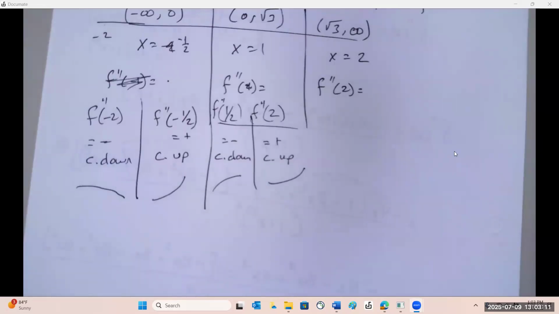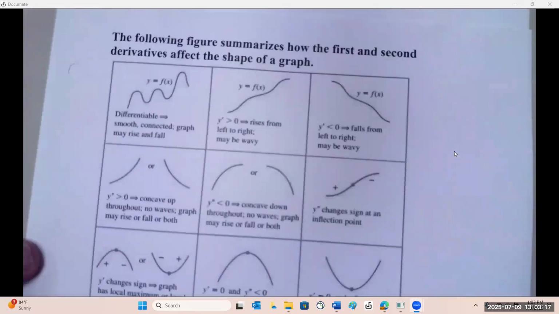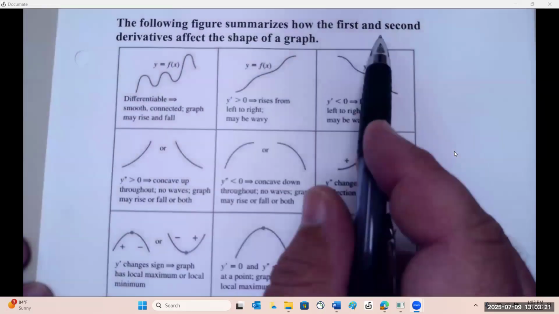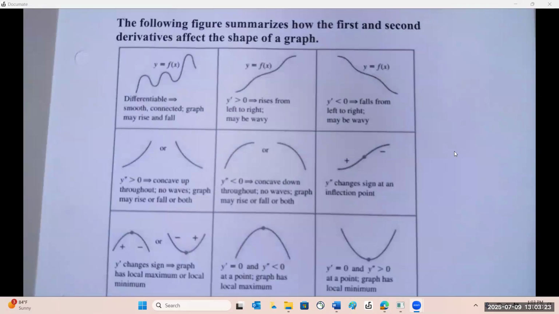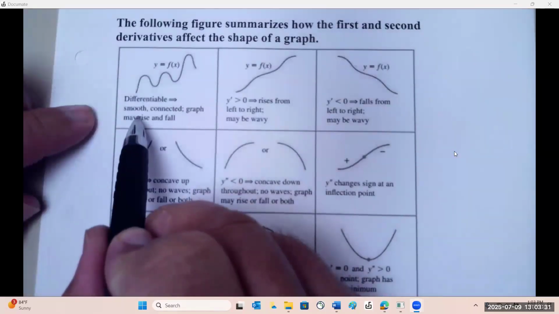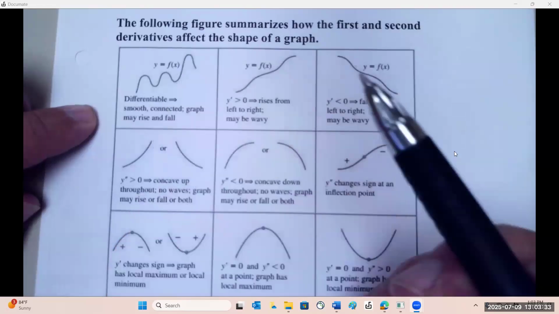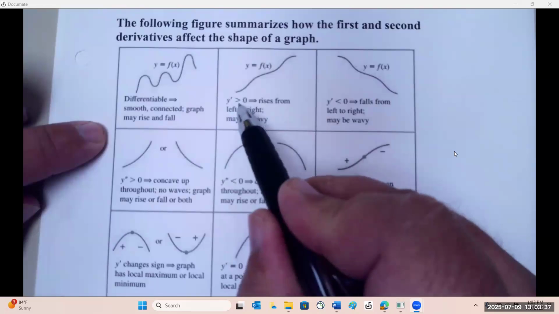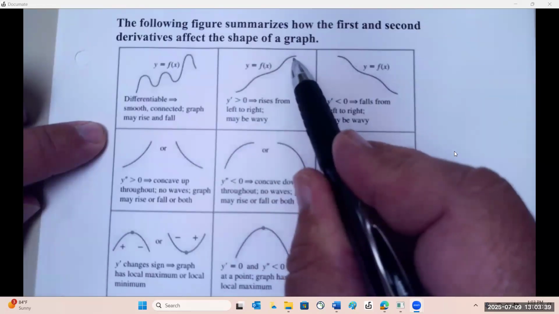On the packet I gave you, on the very last page, I gave you the behavior chart. This summarizes the first and second derivatives and how they affect the shapes of curves. If it's differentiable, smooth, connected: if the first derivative is positive, it's an increasing function.